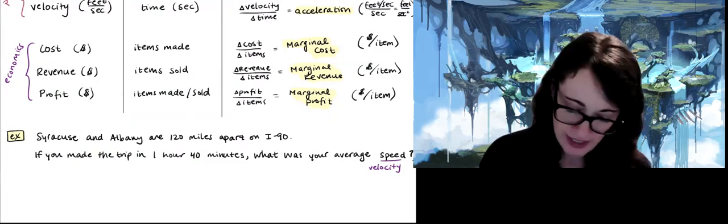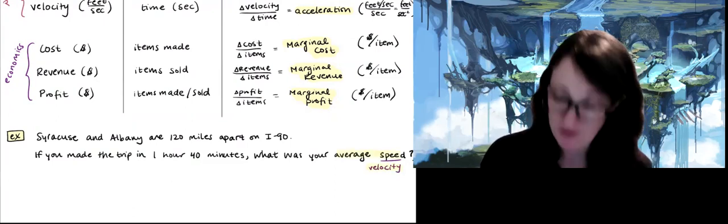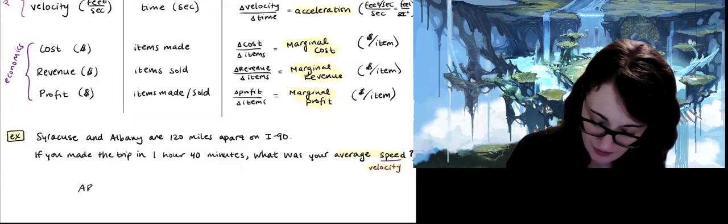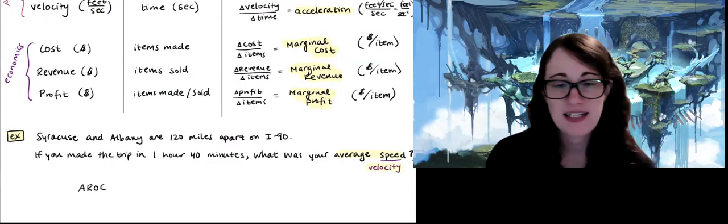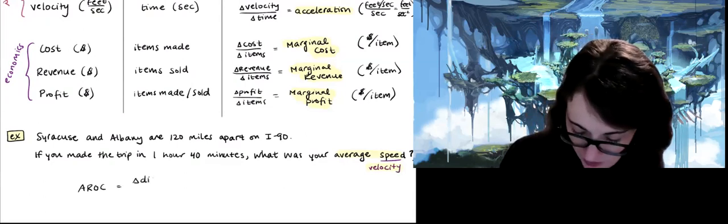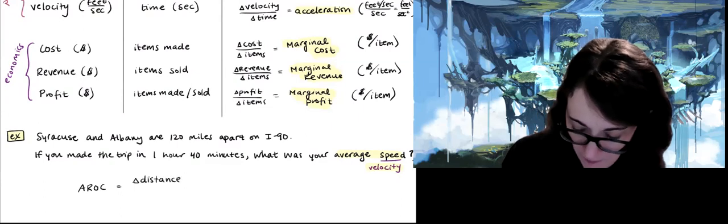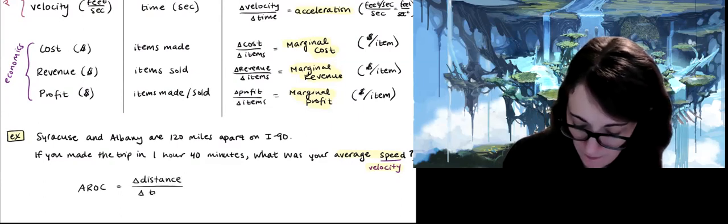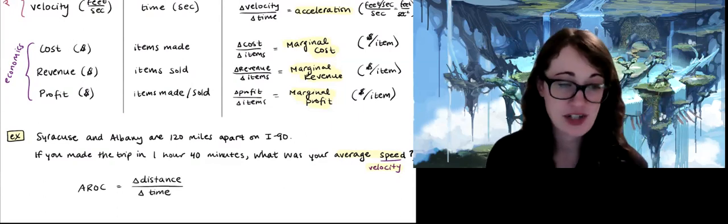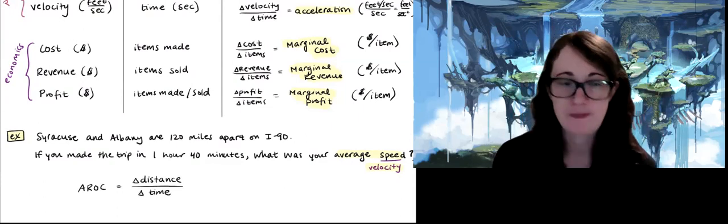Okay, so if we're finding the average speed or average velocity, that's an AROC situation, right? AROC. This is going to be our change in distance over change in time. Well, of course, for the distance change, you went 120 miles.